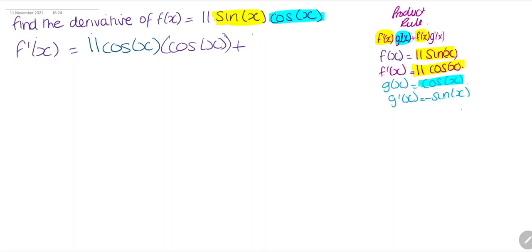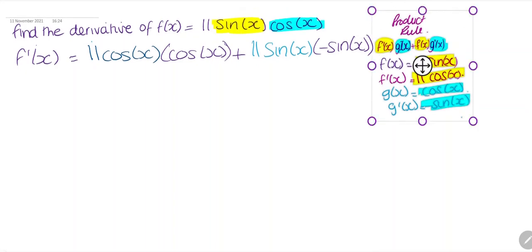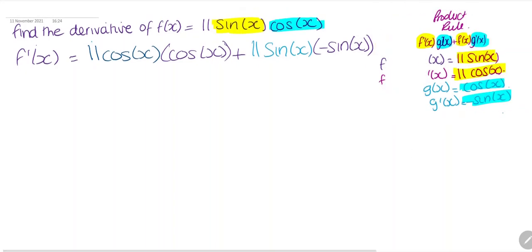So that's 11 sine of x multiplied by, and our second term, our g prime of x, negative sine of x. So multiply by negative sine of x. Let's just write those there.